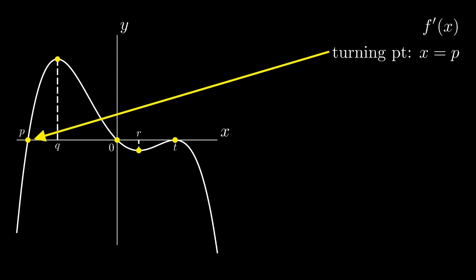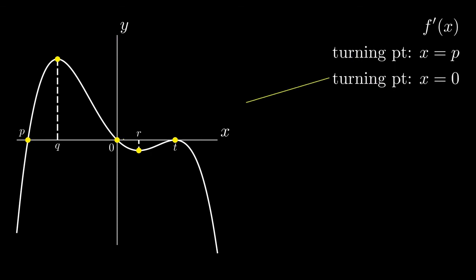So it's either a max or a min, or it could be a point of inflection. If the derivative is passing from negative to positive, which it is here, then it's a turning point. Another turning point when x is 0. So the derivative is 0, and the derivative is going from positive to negative, right? So that means turning point.